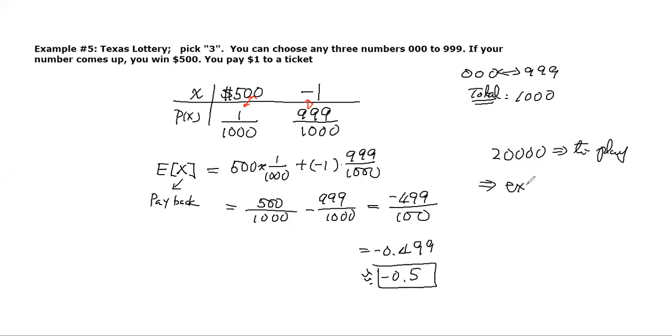They expect to get, in the long term, $10,000 every time they play, because the other people expect to lose 50 cents. That means you lose to the Texas Lottery Commission, right? So it's a good business.